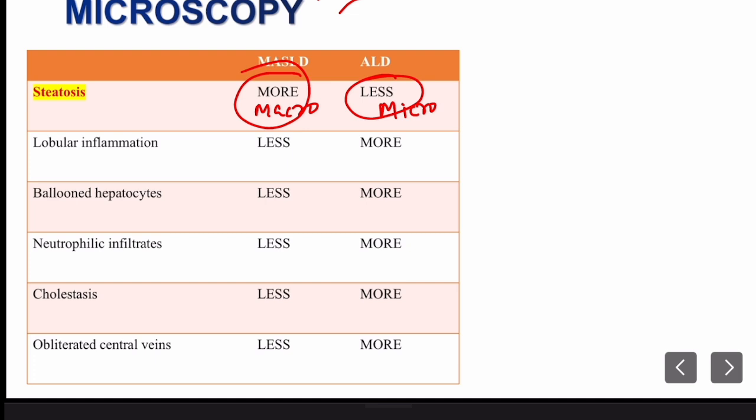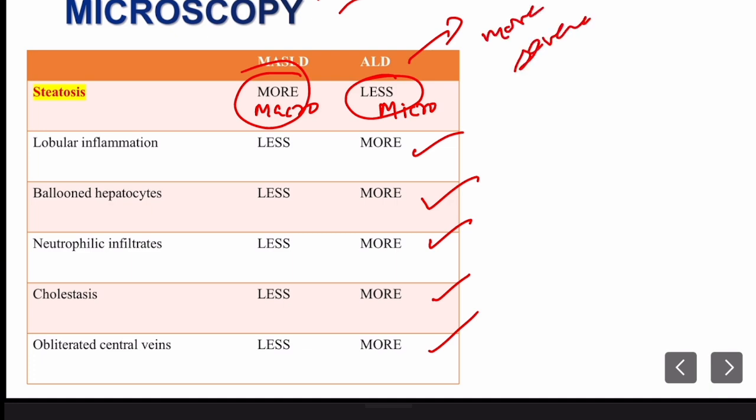Now in ALD, the lobular inflammation, ballooned hepatocytes, neutrophilic infiltration, cholestasis and obliterated central veins are more common. So alcoholic liver disease develops more severe disease. While in MASH, generally there is less hepatocellular damage and more steatosis.